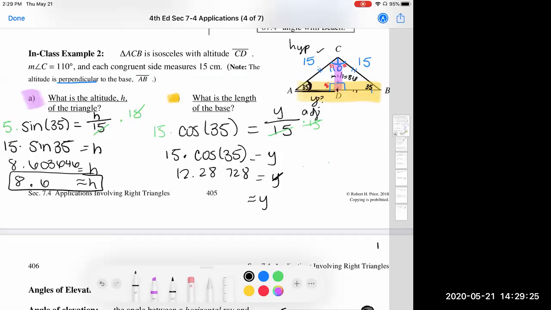You want to round to one decimal place, 12.3. Well, that's not an answer, so let's not box that. So y is 12.3, and we want to find the measurement of the entire base, so we have to multiply it by 2. 12.3 times 2, we get 24.6. Not y, our entire measurement.